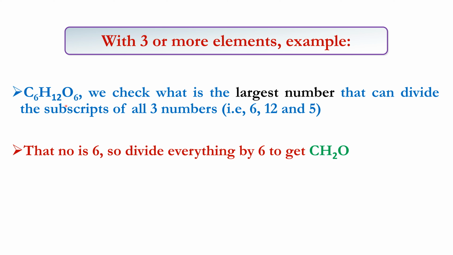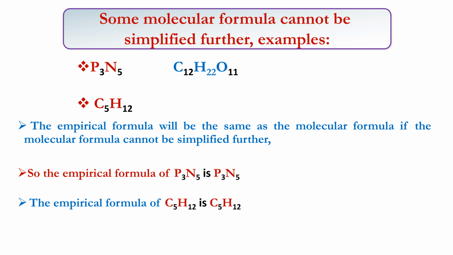And when we divide 12 by 6, we will get H2. When we divide 6 by 6, we'll just get one oxygen atom, so we simply write O to represent the oxygen. So the empirical formula is CH2O.